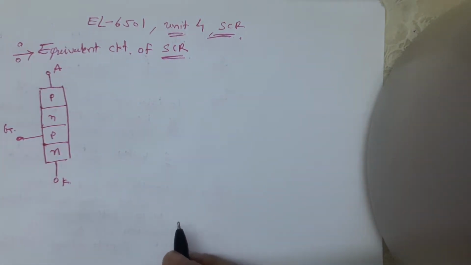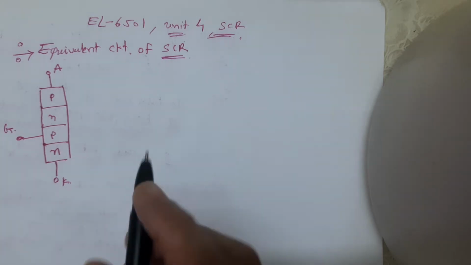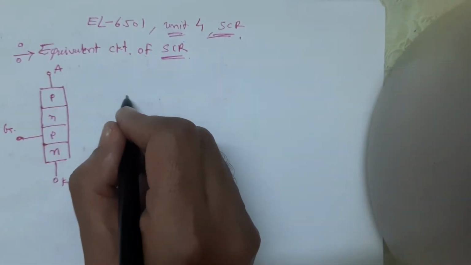Second way, the equivalent circuit, we can draw like this: two P type.